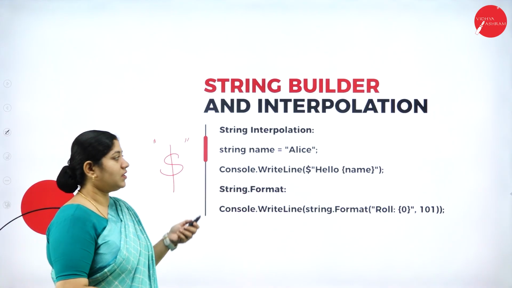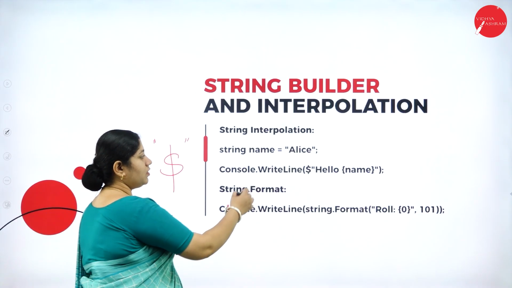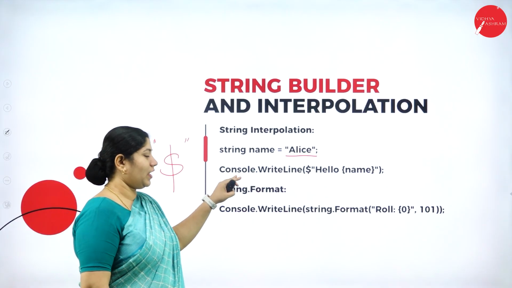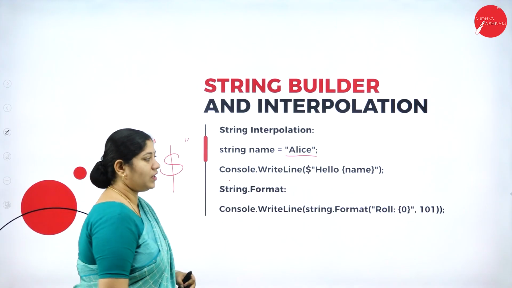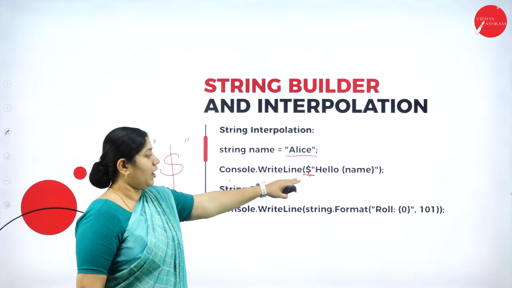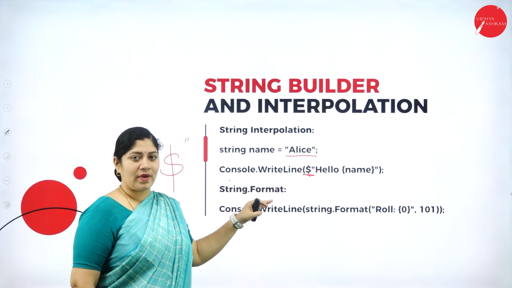Now let's see the example for string interpolation. Over here we are defining a string name, and up next is a Console.WriteLine. As I told, we are using interpolation, so it starts with the symbol here and Hello name. Now how is it formatted?